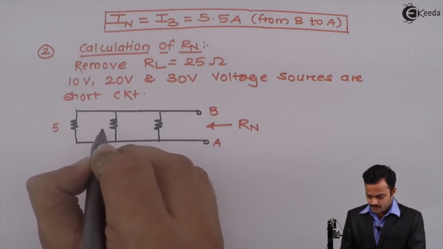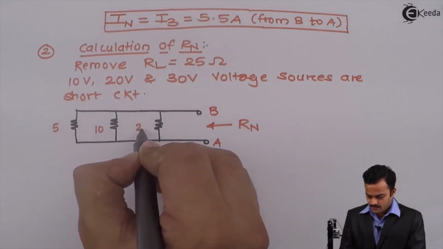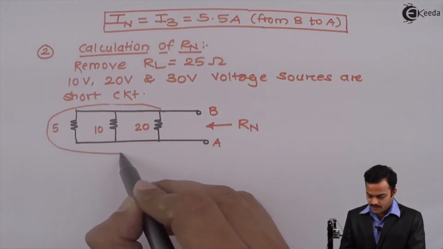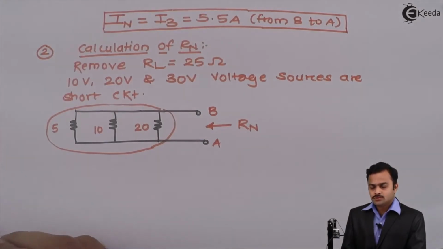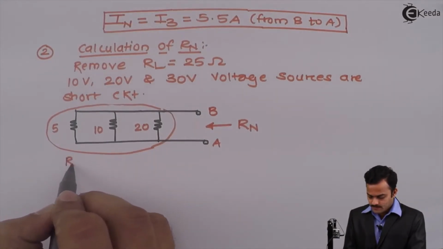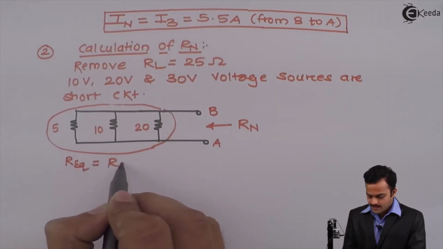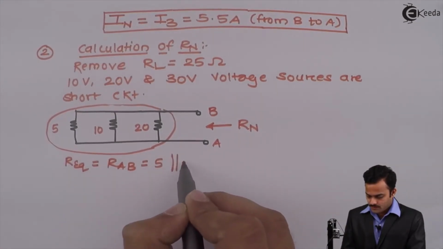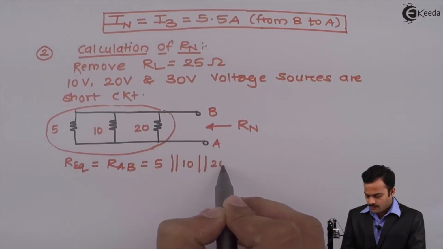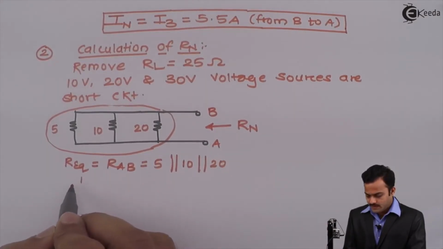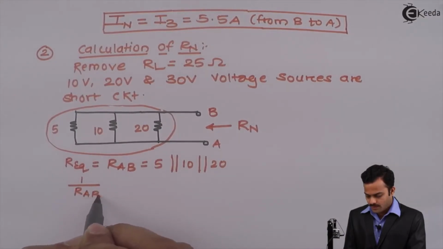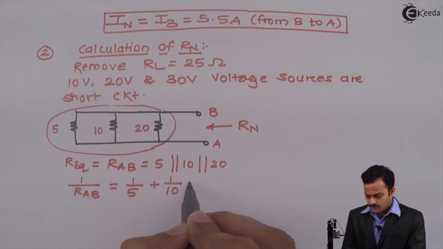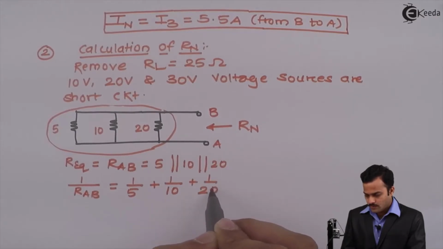Here it's a 5 ohm, 10 ohm and 20 ohm. So it's a very simple problem of a parallel connection of 5, 10 and 20. So I can say equivalent is denoted as RAB, parallel combination of 5, 10 and 20, which will be solved like this: 1 upon RAB equal to 1 upon 5 plus 1 upon 10 plus 1 upon 20.